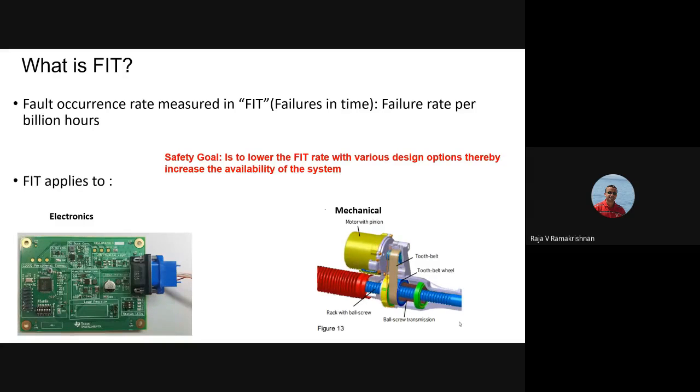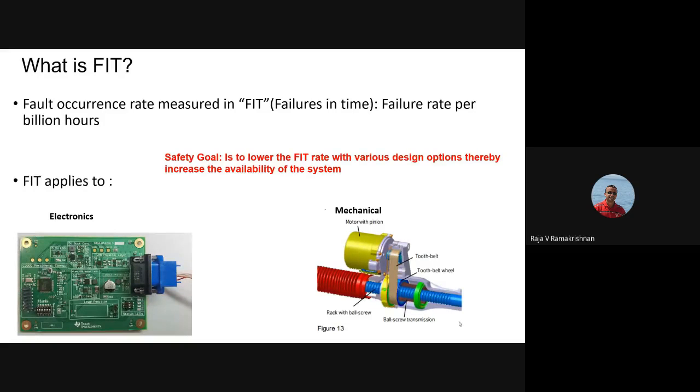So the idea in our design is to identify the areas where the FIT rates are high and work on them to define and design the architecture such that you can bring down the FIT rate by adding redundancy or making sure that there are multiple ways to reduce the FIT rate. We apply all of that when we architect the system.